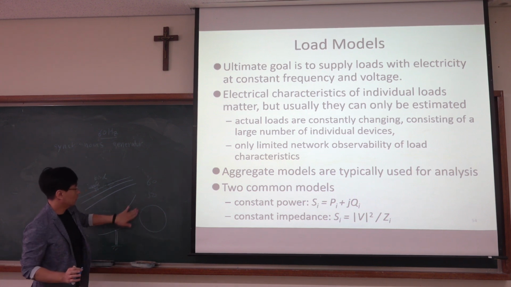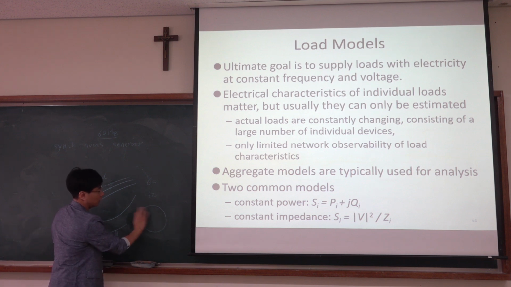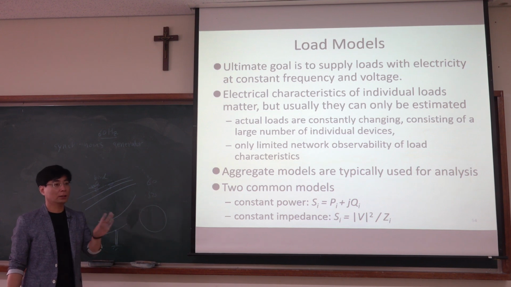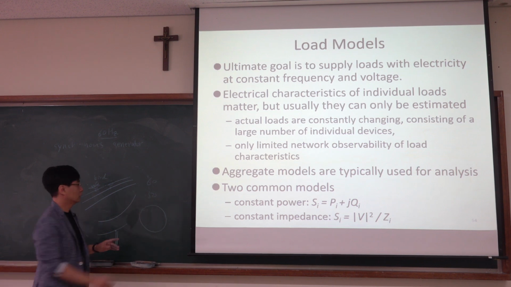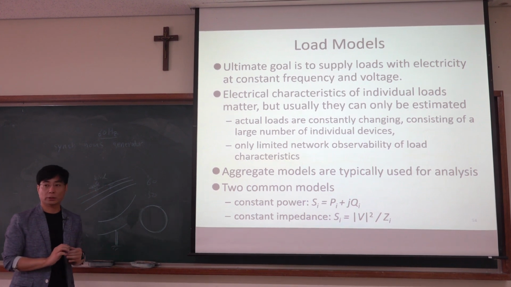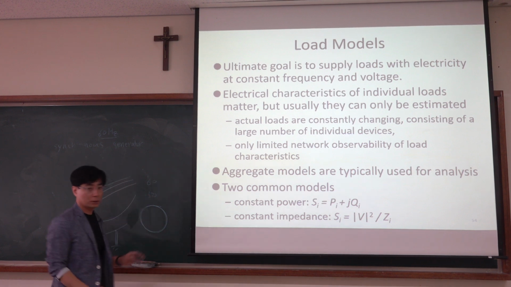Just for simplicity, we assume that the current density is the same across this cross-section, but in reality, that's not the case. And sometimes we have surface current. So to reduce this kind of thing, the frequency cannot be so high.